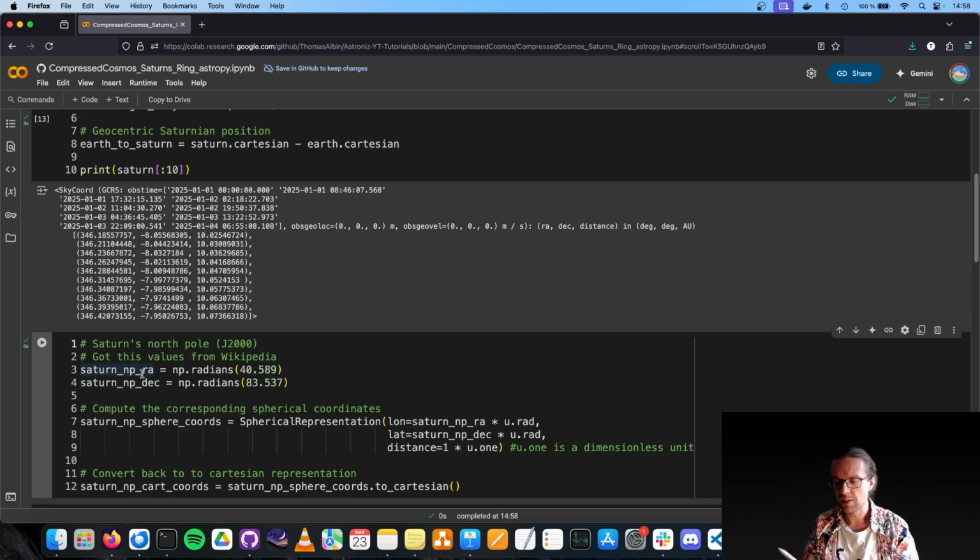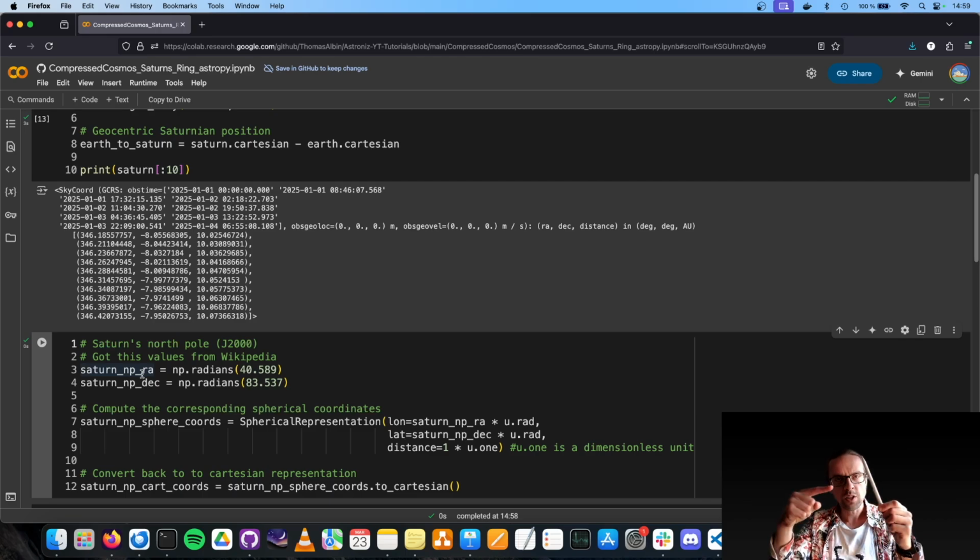So this is the axis, and the ring is around it. We have to compute the angle between our viewpoint to Saturn and this rotational axis, which is always fixed. Yes, it will wobble a little bit, but let's keep it as a steady state vector.